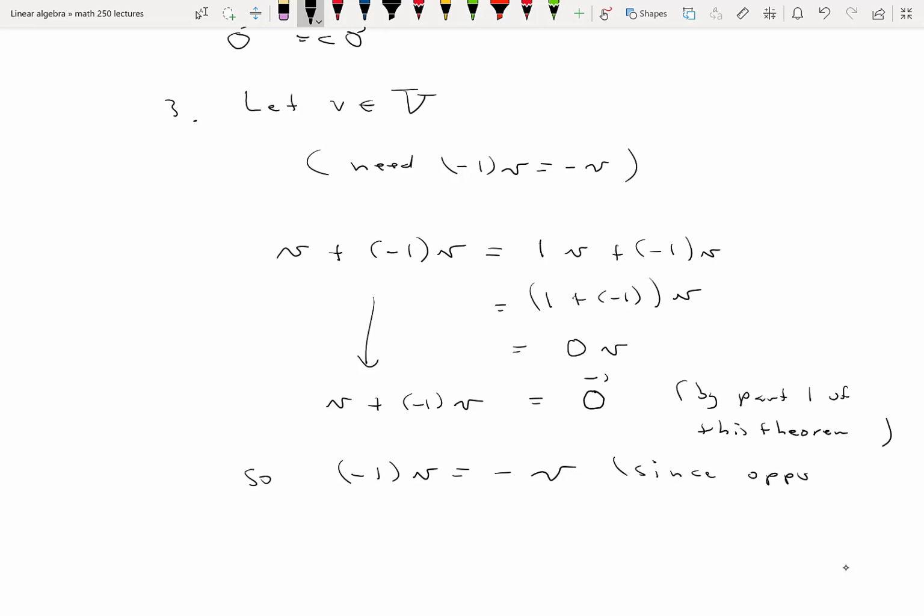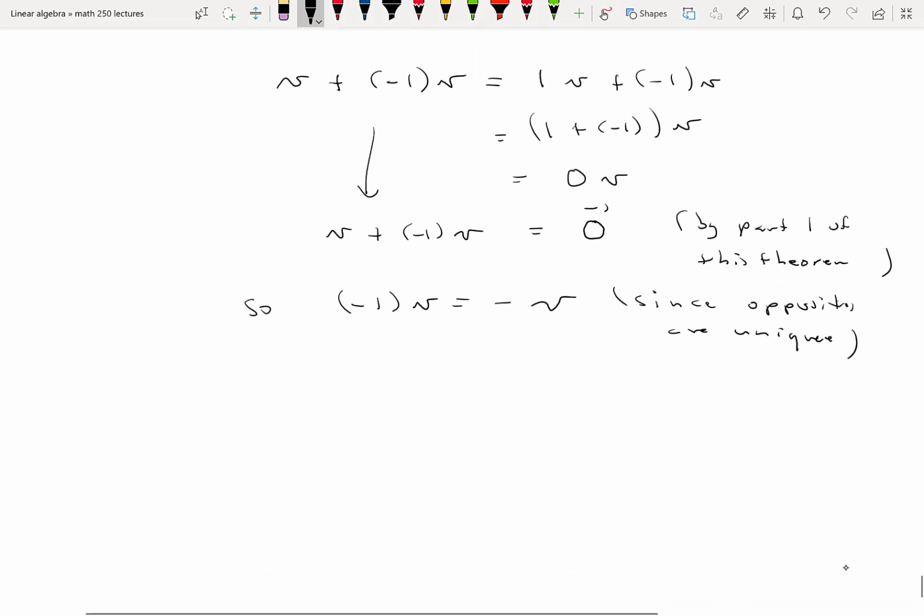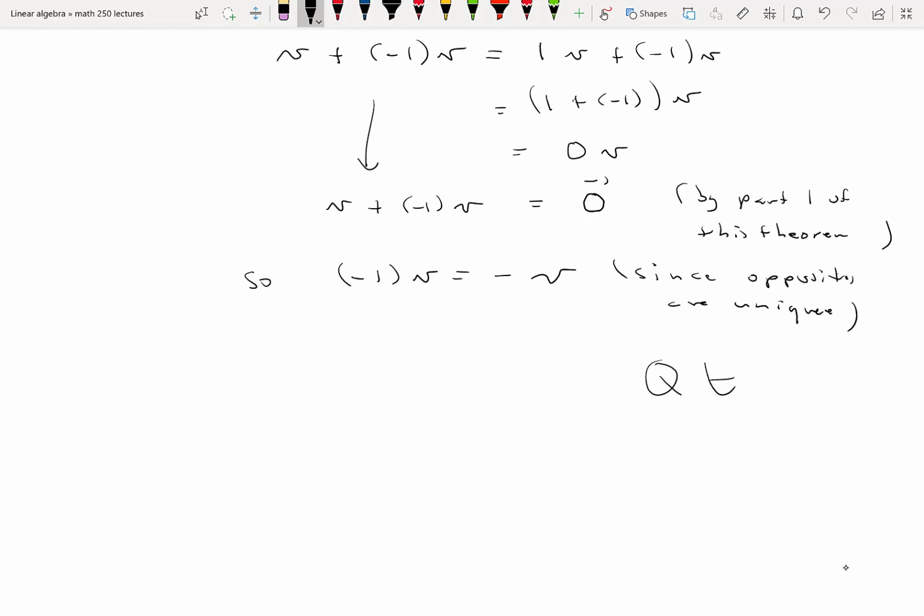I just proved it. Opposites are unique. So if I find that v plus something is the 0 vector, then that something, namely -1 times v, needs to be the only thing it can be, namely the opposite of v. QED.